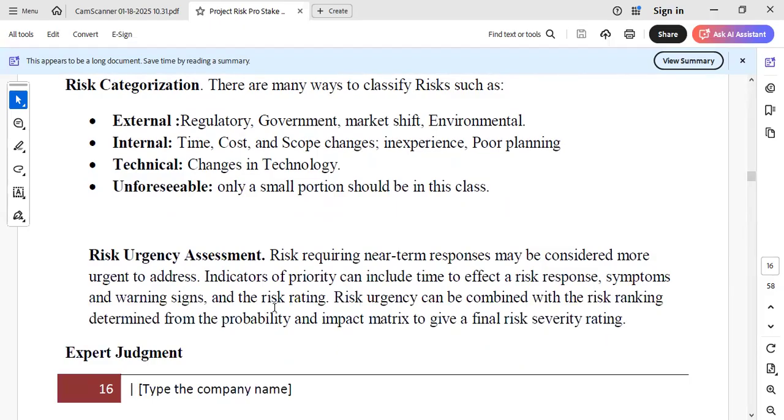We must assess all those risks and look at their urgencies. What is the urgency of the risk? Is it happening right now? Is it going to take place in the near term? Do we have to start running to put together a response strategy, or else it may likely occur? So we want to know, how close are we to it?